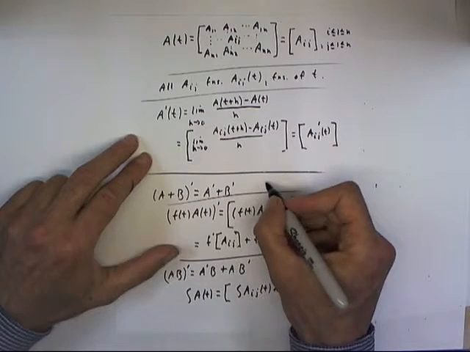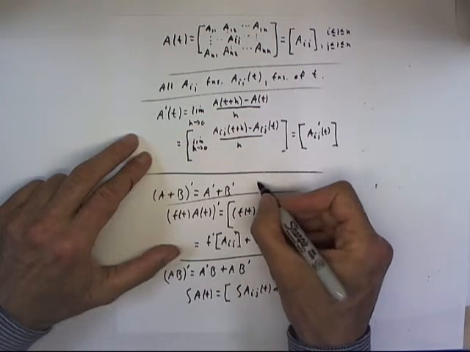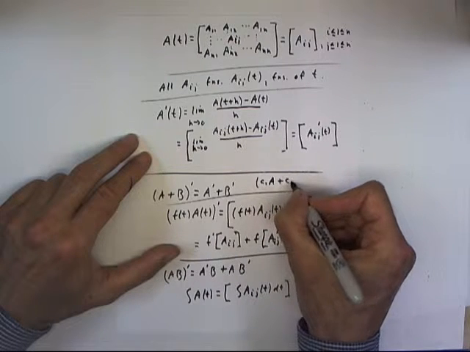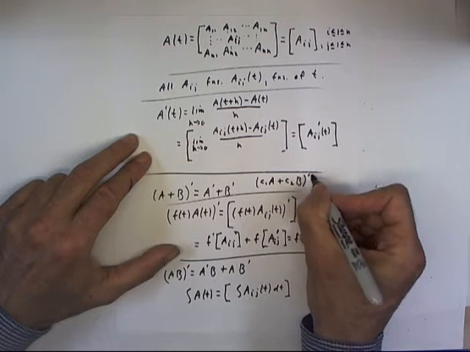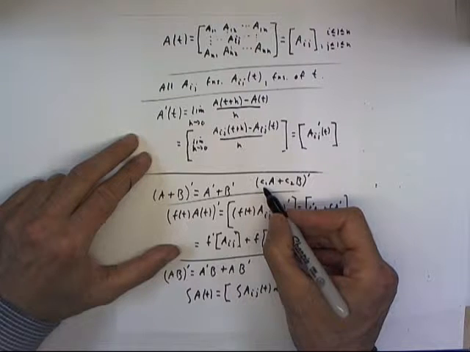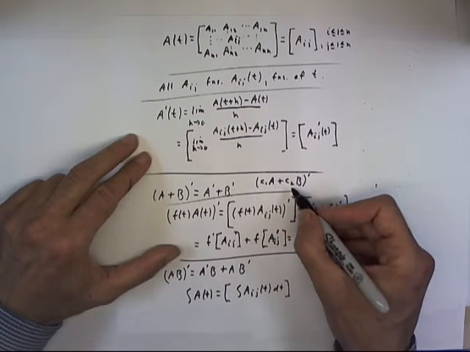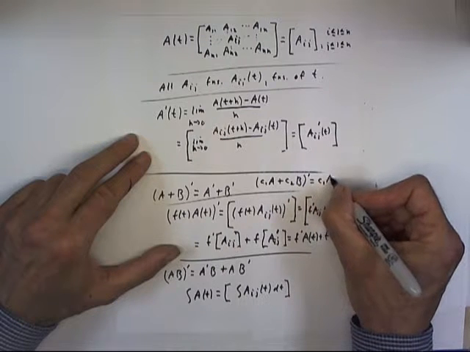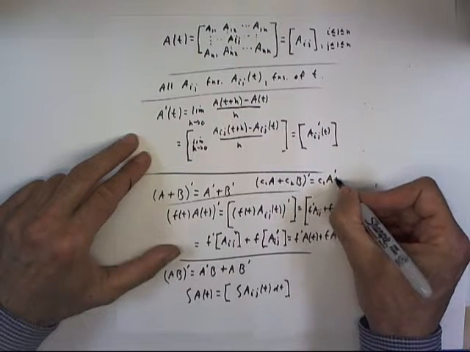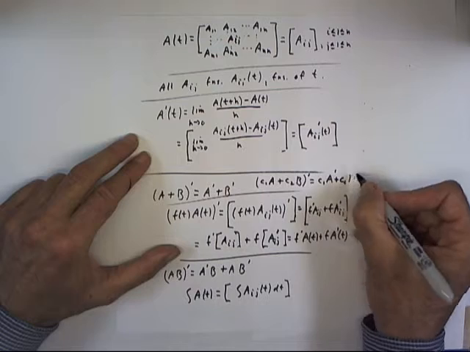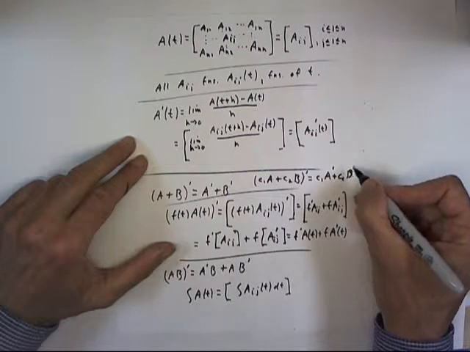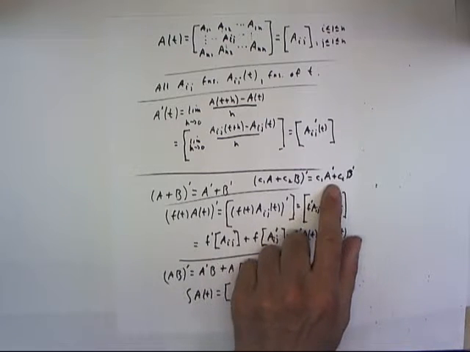And I could also state the whole linearity condition, which is just that the derivative of some scalar multiple of A and another scalar multiple of B is just that scalar times the derivative of A plus the other scalar times the derivative of B. Not written very well.